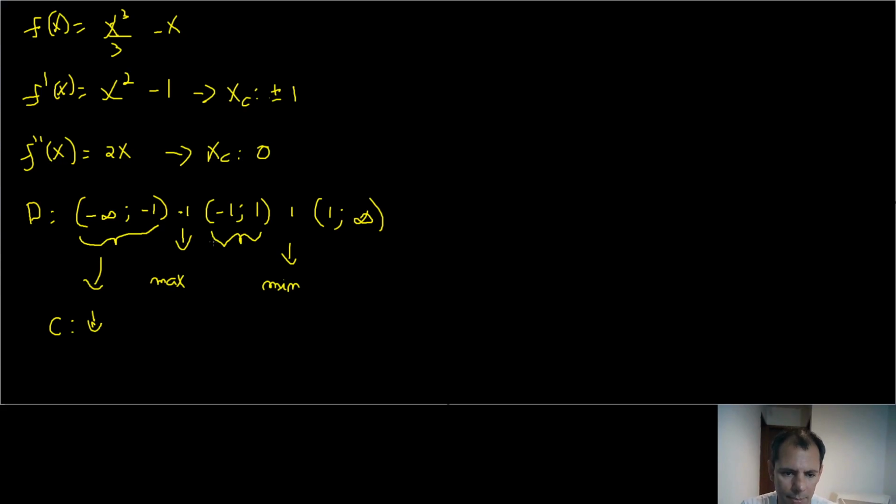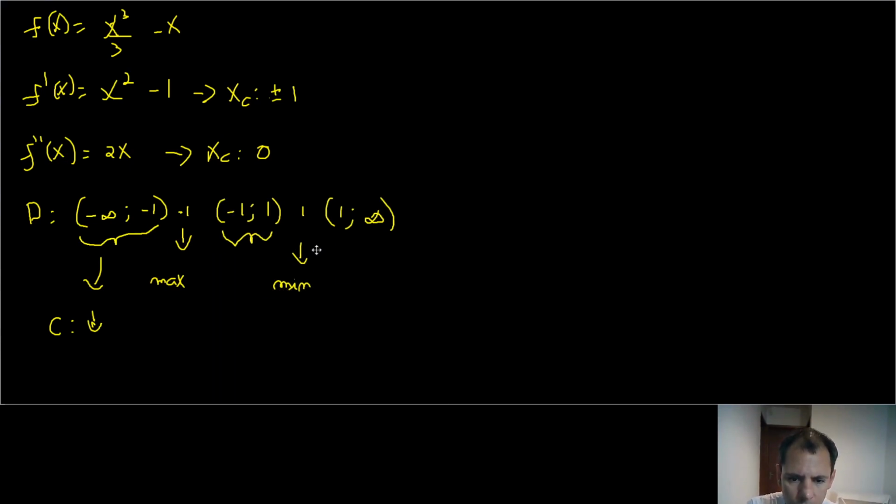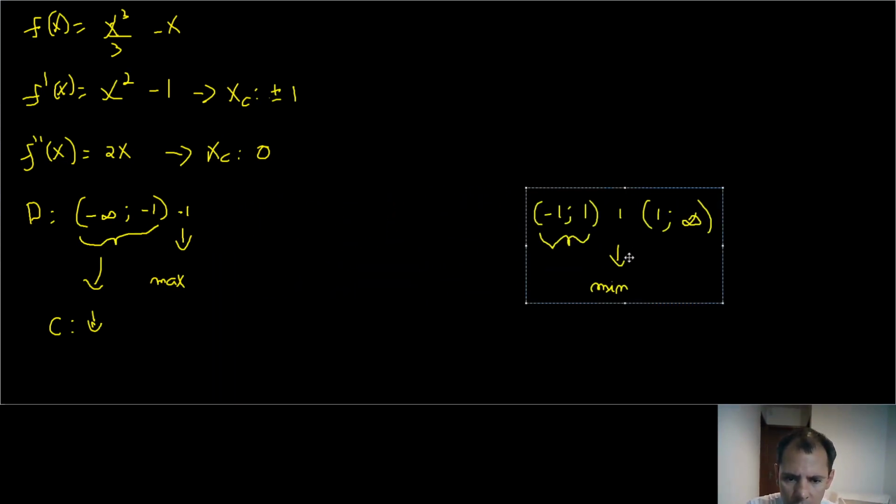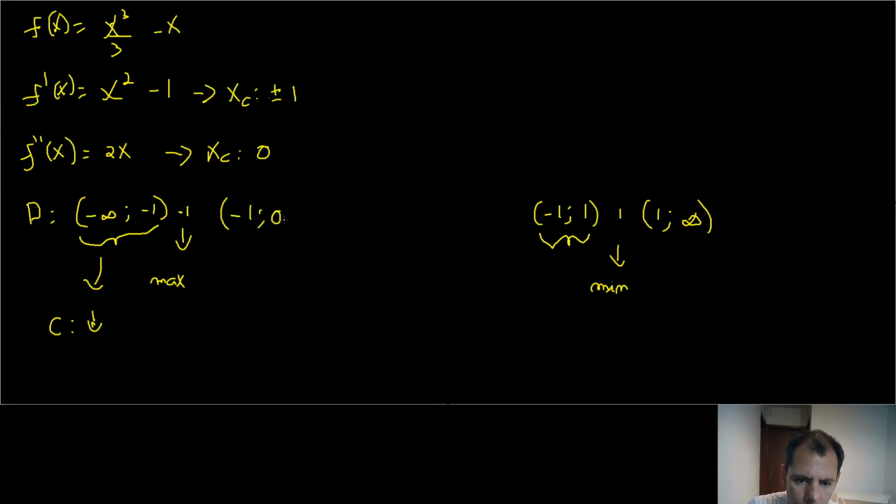So let me expand these domains in here. I'm going to drag all this stuff to the right, all the way up here, just so that I can have some more space. And then I'm going to have another domain from minus 1 to 0, and then you have the 0 itself, and then you have from 0 all the way to 1.